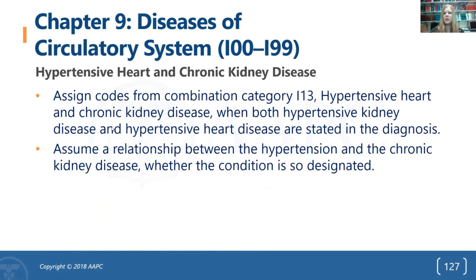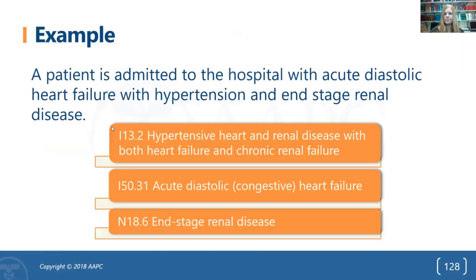You have to be very careful when you look at the documentation and how the provider is documenting the diagnosis. For example, patient is admitted to the hospital with acute diastolic heart failure due to hypertension with the end-stage renal disease. Since it is stated due to hypertension for the heart failure, we have our connection for the coding.